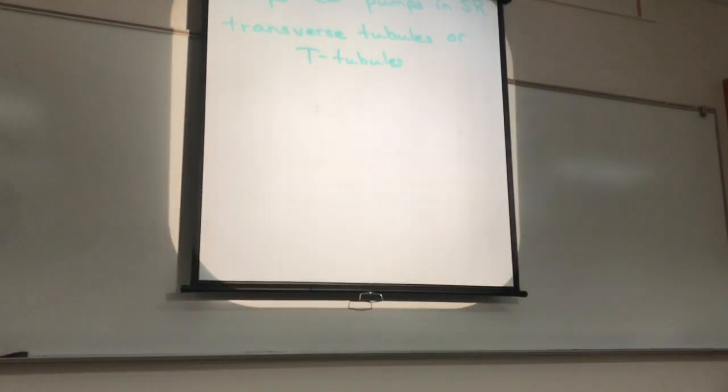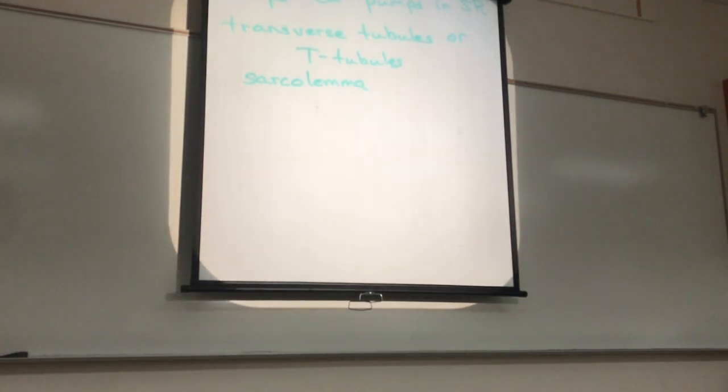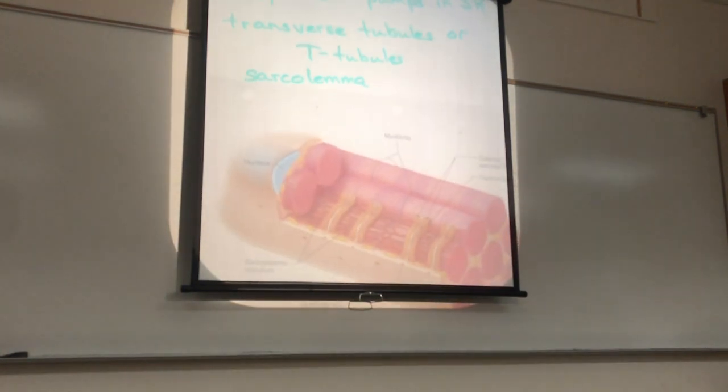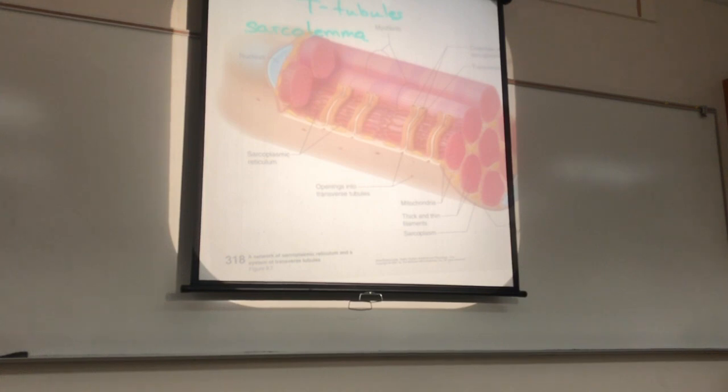These are extensions of the sarcolemma. They're like little tunnels, little subways, little underpasses that will go from one side of the cell all the way across to the other side.